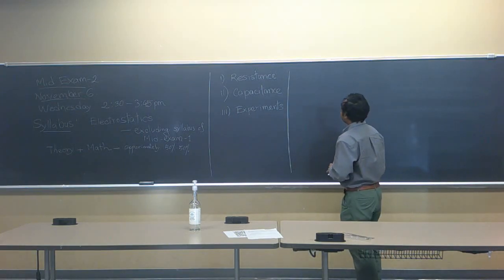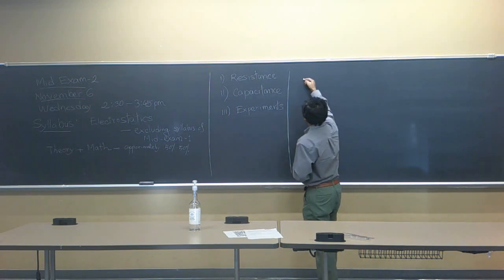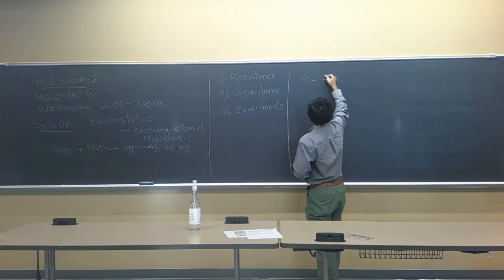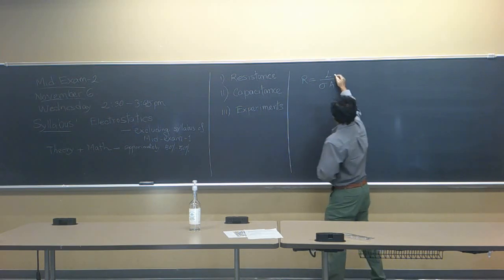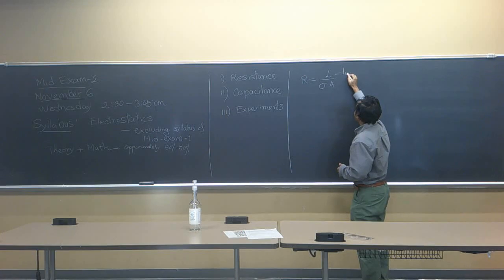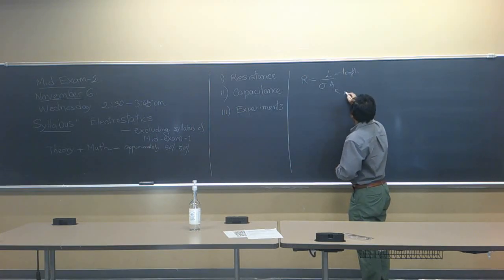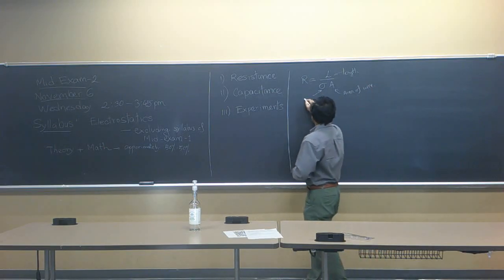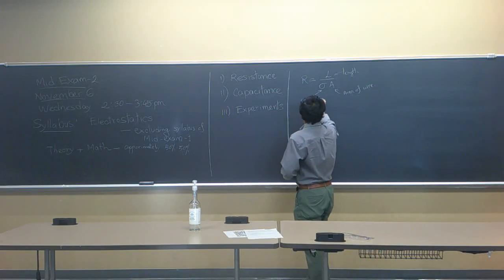In the class, I described that resistance R is equal to L divided by sigma A, where L is the length of the wire, sigma is the conductivity, and A is the cross-section area of the wire.